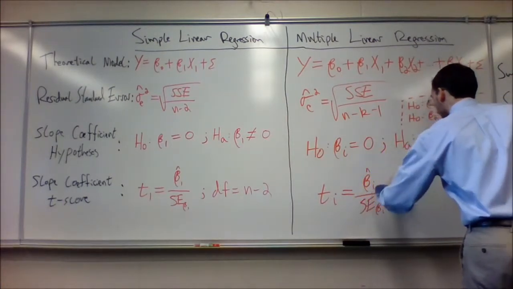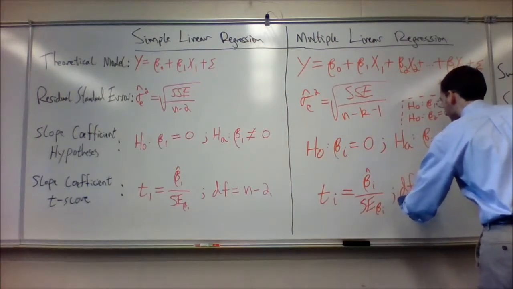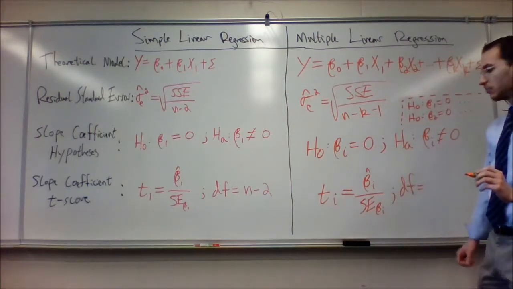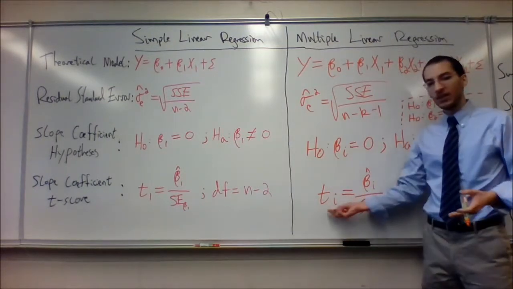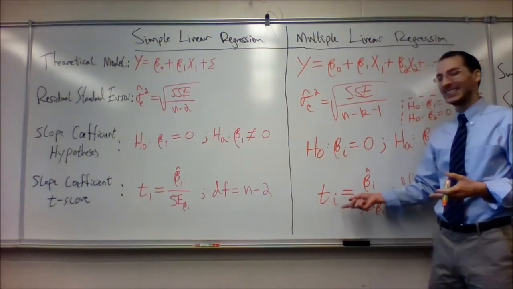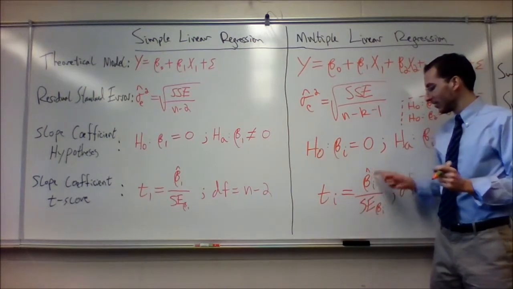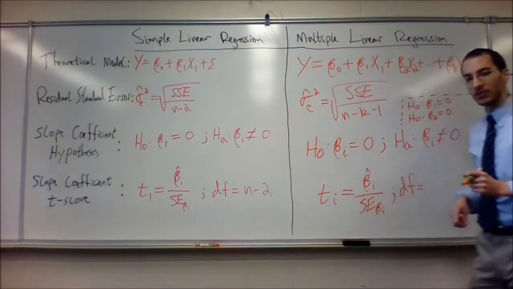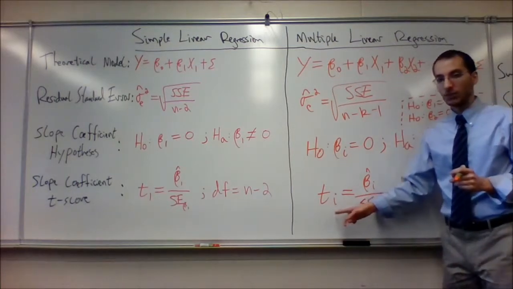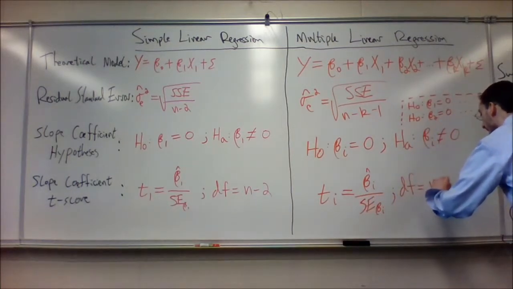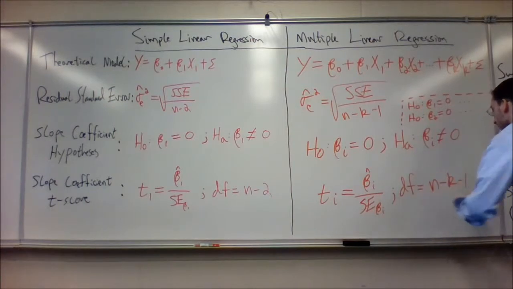And the only real shift is that when R then gives you a p-value for how significant this t-statistic is to evaluate the slope coefficient, now it's using a t-statistic with degrees of freedom n minus k minus 1.